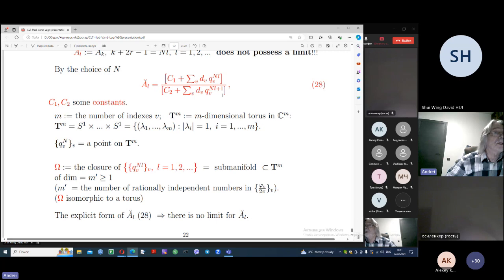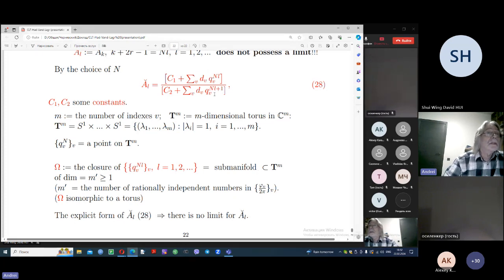This is q d, and the closure of the whole sequence of this trajectory is a submanifold of the torus. Namely, it is a submanifold of dimension greater than 1, where m prime is the number of rationally independent numbers here. So, anyway, the trajectory is a certain submanifold on the torus.